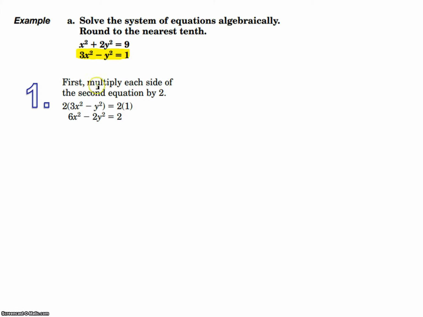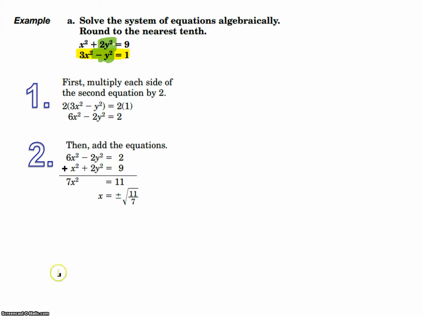These y's can very easily be eliminated if I multiply everything in the bottom equation by 2. So that's what I'm going to do. Now I've multiplied both equations by 2. And now you can see that these 2 terms are going to eliminate each other. Positive 2y squared and negative 2y squared.